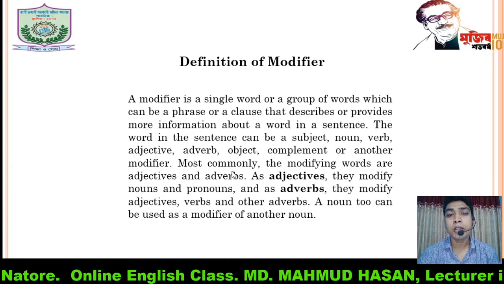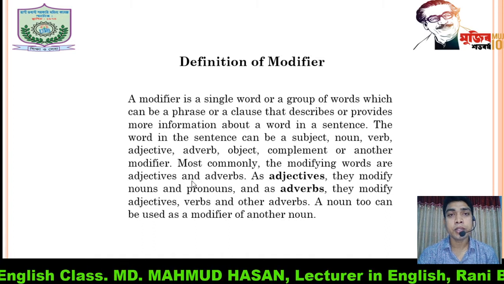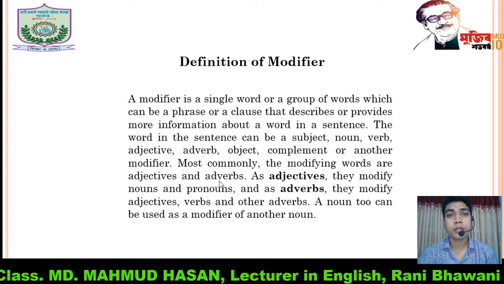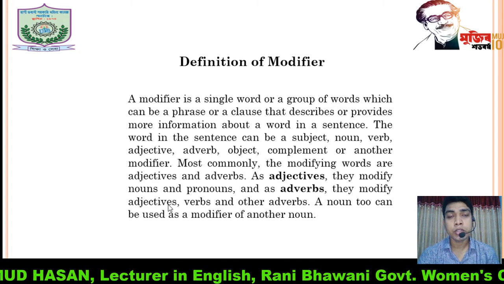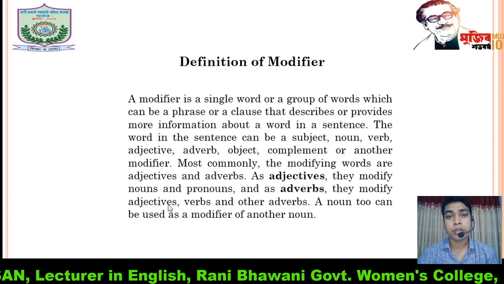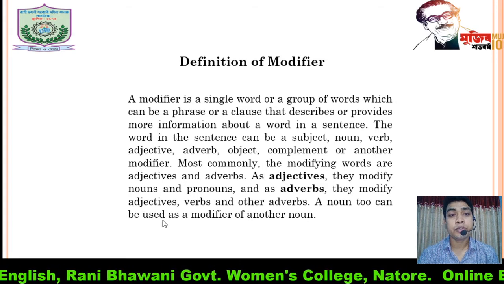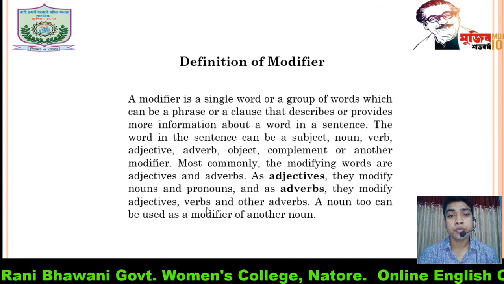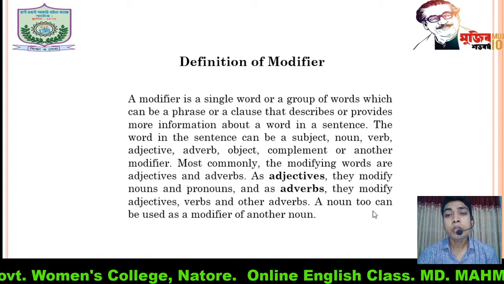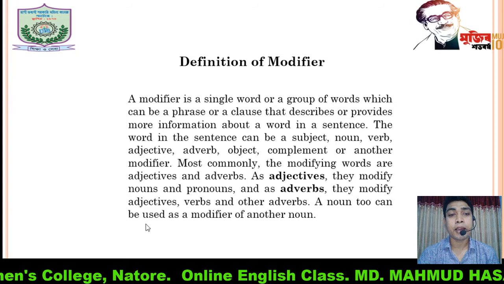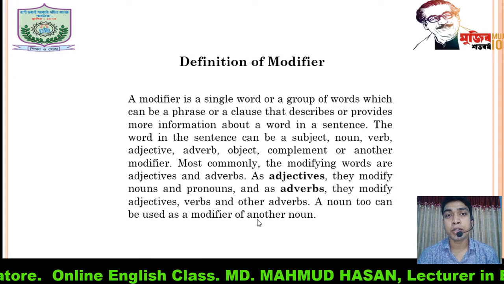Most commonly, the modifying words are adjectives and adverbs. As adjectives, they modify nouns and pronouns, and as adverbs, they modify adjectives, verbs, and other adverbs. A noun too can be used as a modifier of another noun.